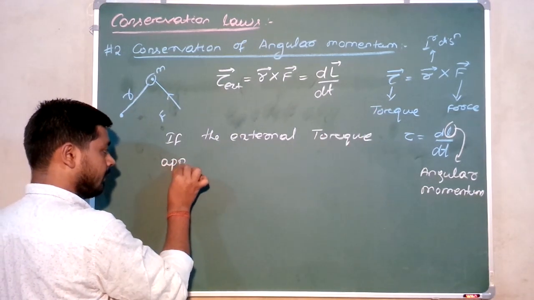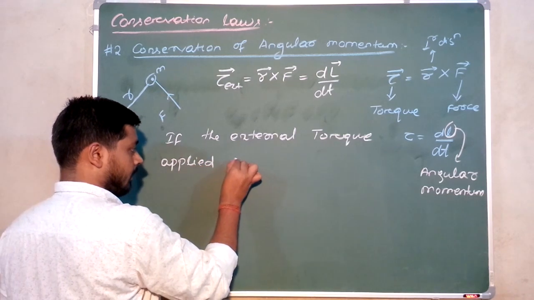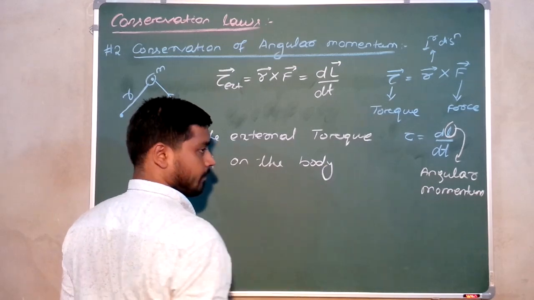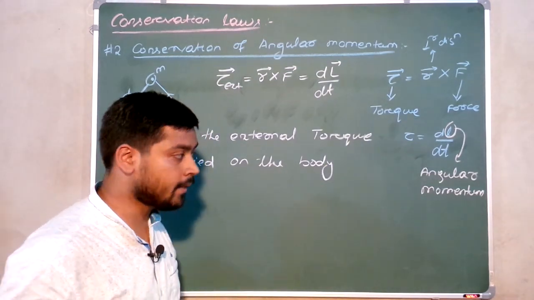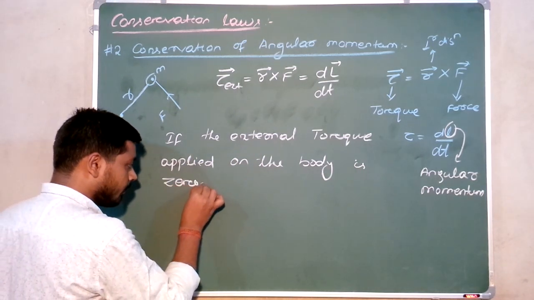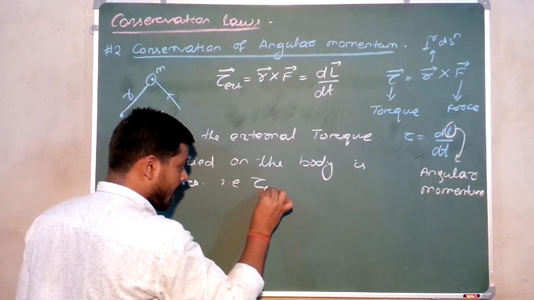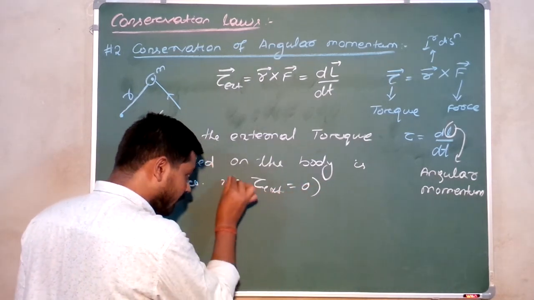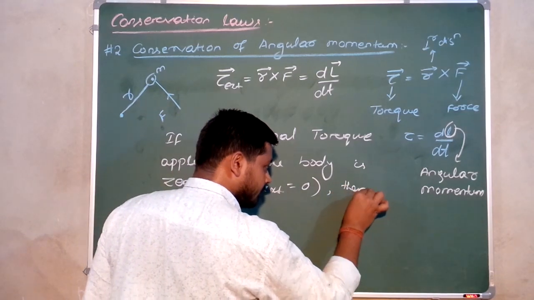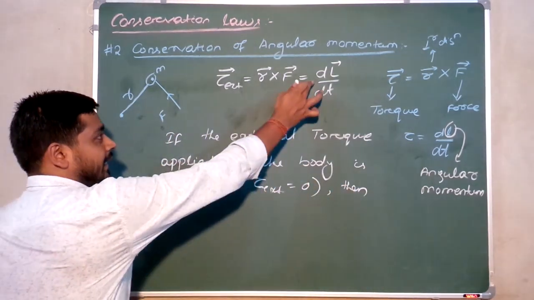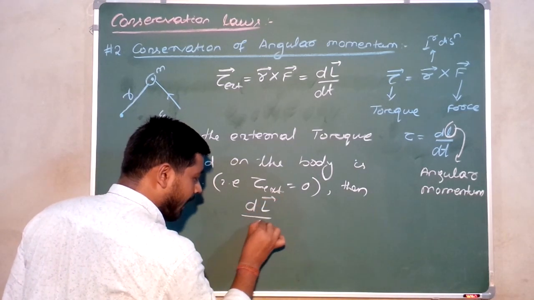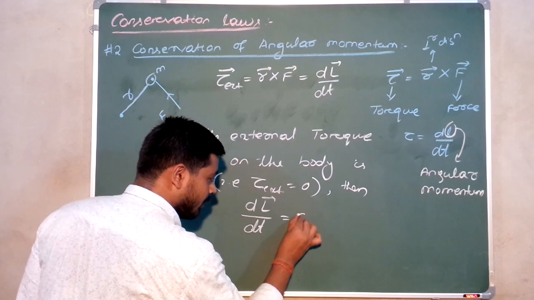If the external torque applied on the body is 0, that is tau external equal to 0, then dl by dt becomes 0. dl by dt equal to 0.